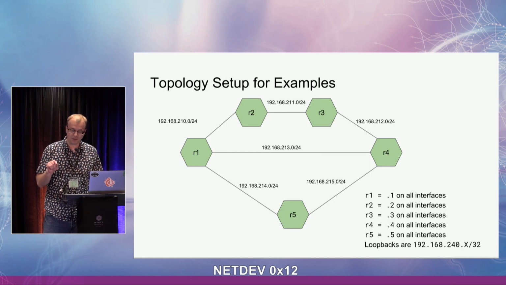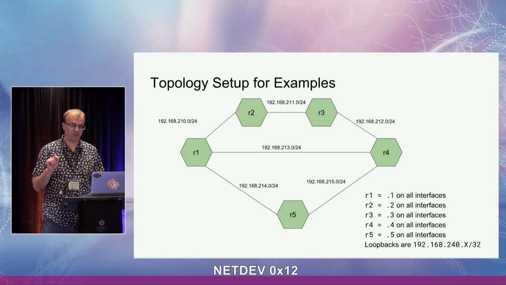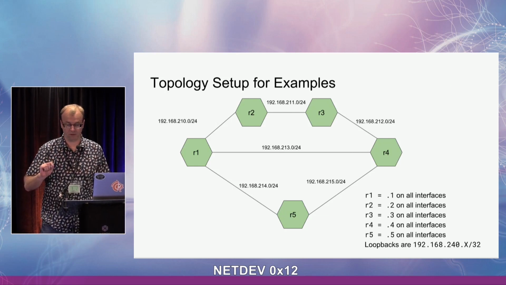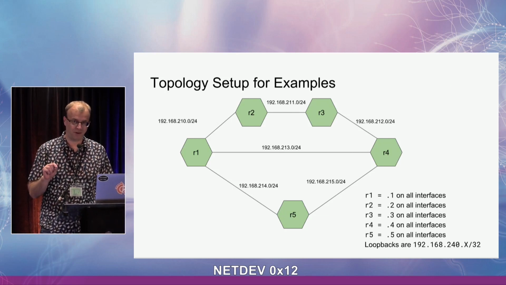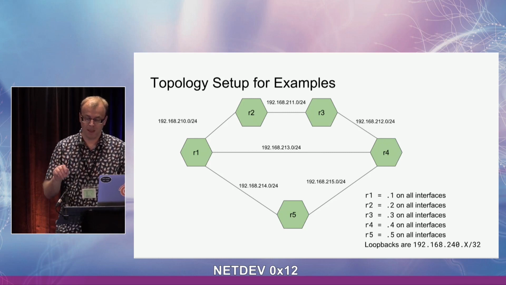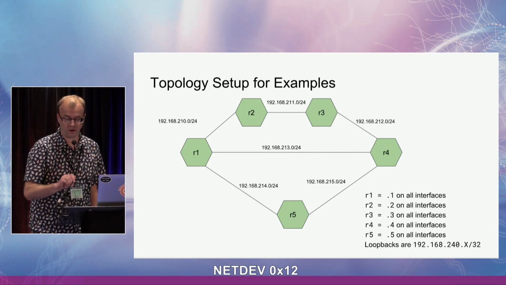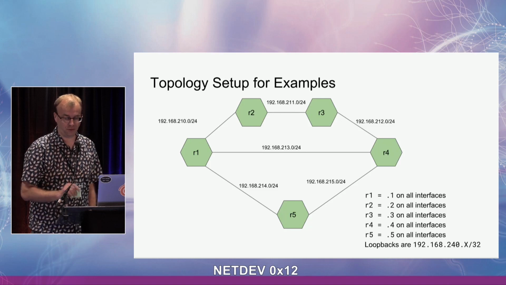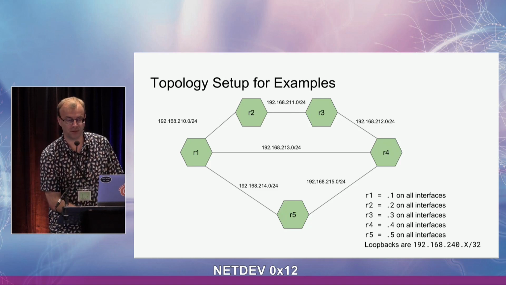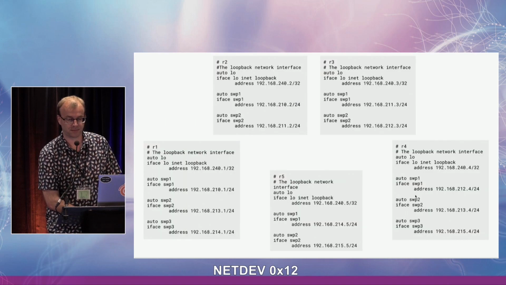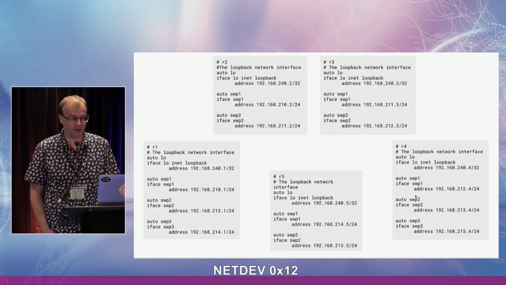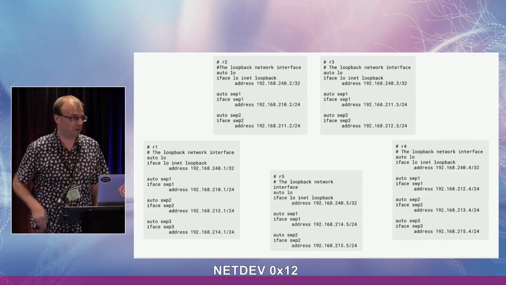If you see an IP address that ends in .1, that comes from R1, .2 comes from R2, .3 comes from R3, and so on. The loopback interfaces are in the 192.168.240 range. And here are the configuration files I'm using for everything.